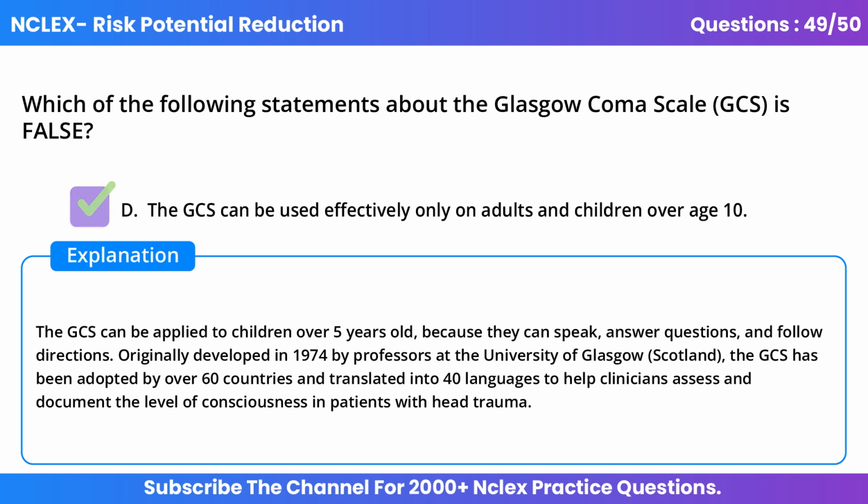The GCS can be applied to children over 5 years old, because they can speak, answer questions, and follow directions. Originally developed in 1974 by professors at the University of Glasgow, Scotland, the GCS has been adopted by over 60 countries and translated into 40 languages to help clinicians assess and document the level of consciousness in patients with head trauma.